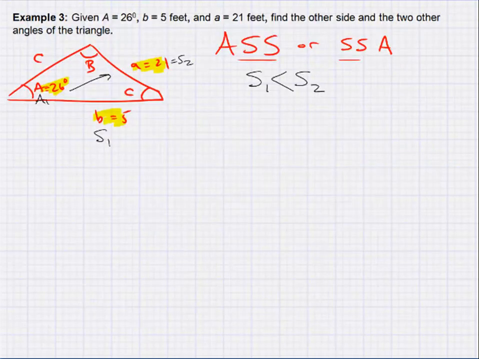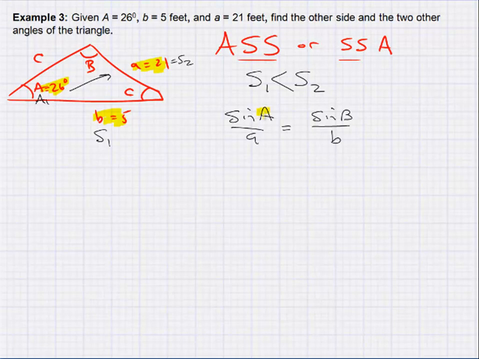It's basically the same as the last two we did. So if I want to calculate the remaining pieces, I'm going to use the fact that sine A over A equals, we'll use B, so sine B over B. I know angle A, side A, and side B. I need to find angle B. So I'm going to say sine of 26 over 21 equals sine of B over 5.